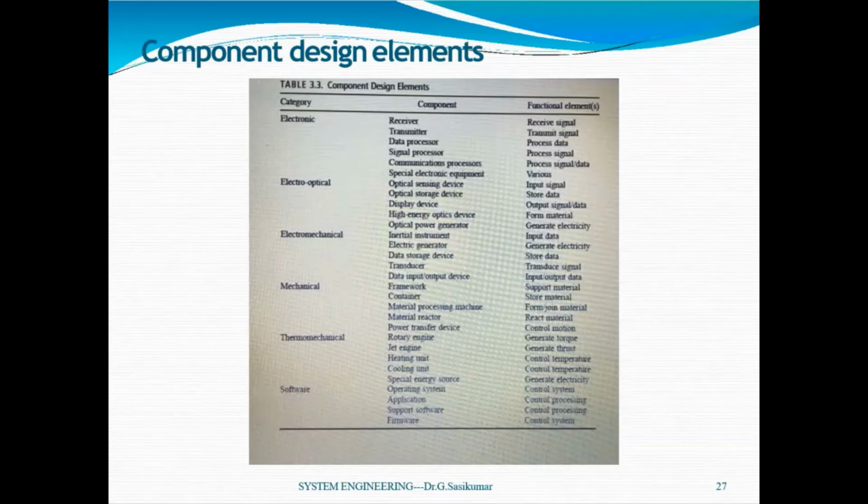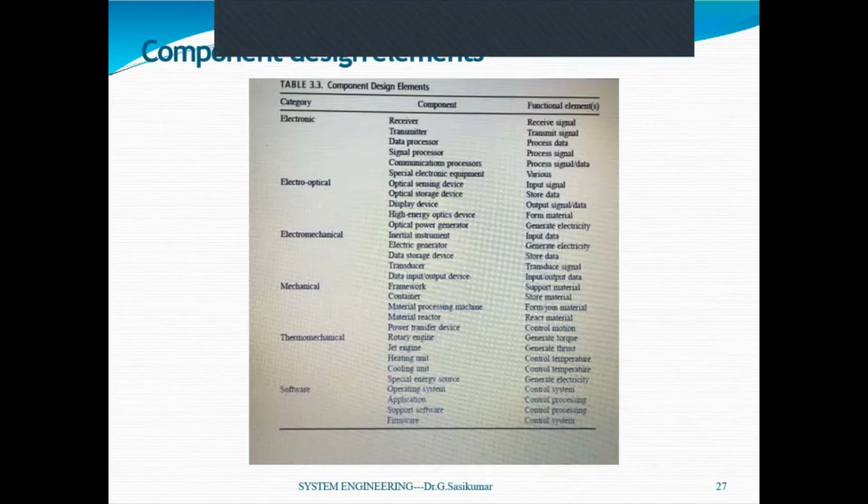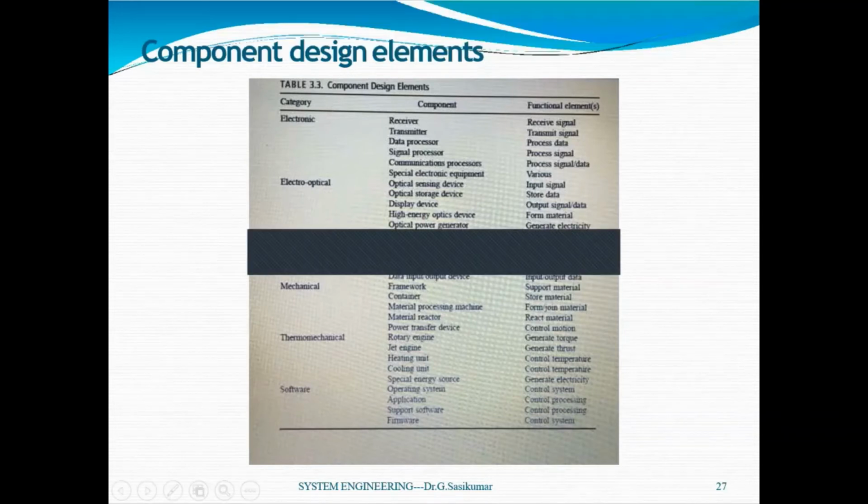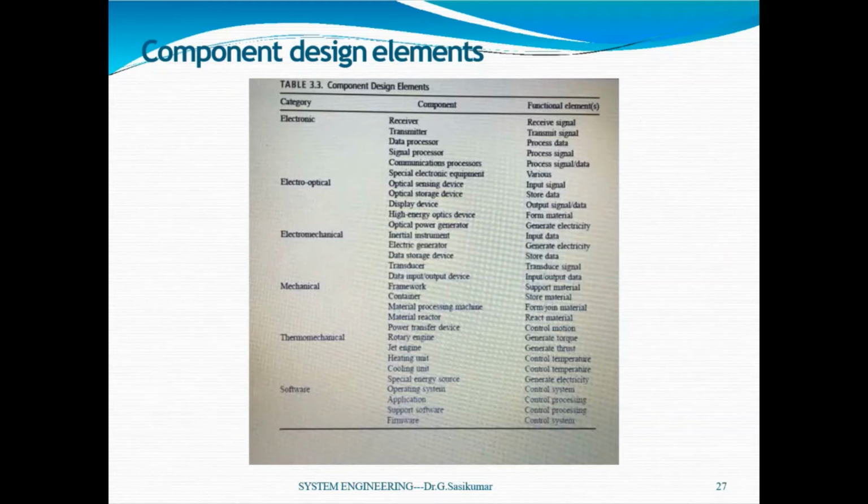So how can we design the components? I hope you got some idea and clarity about the components. Design elements have major categories, depending upon the components we are using. We may use software, we can use hardware, or we can use signals, or we can use some kind of jet engines, okay, rockets, okay, or you can use the AC or a refrigerator.